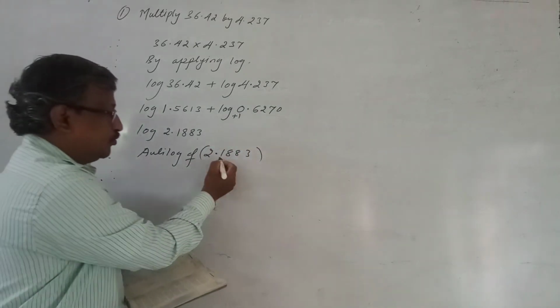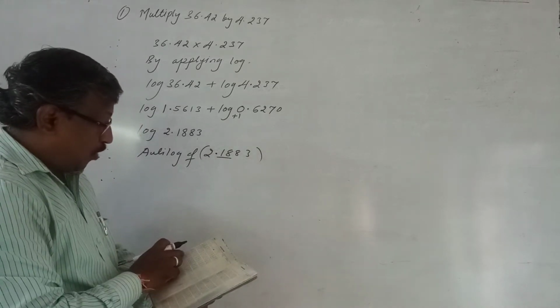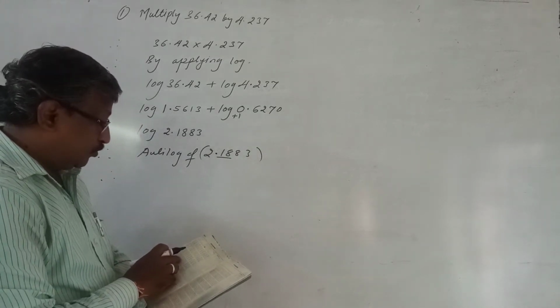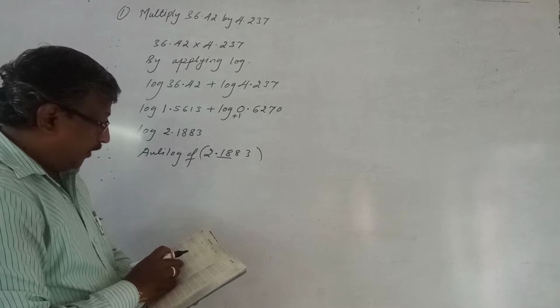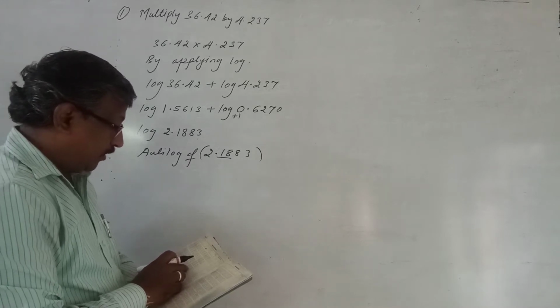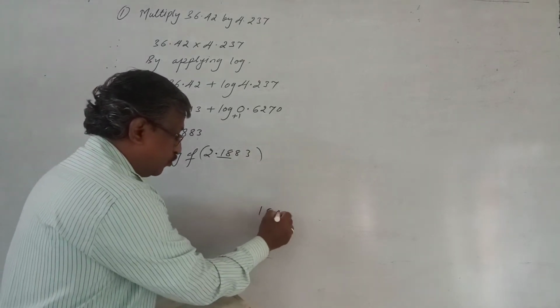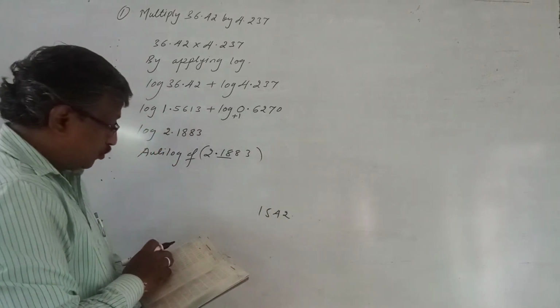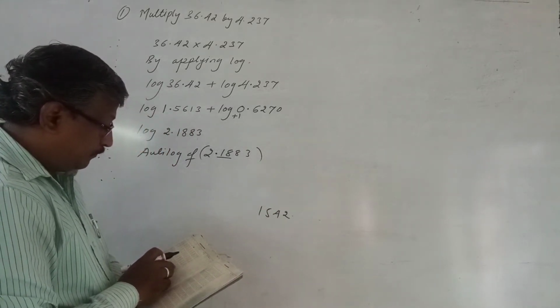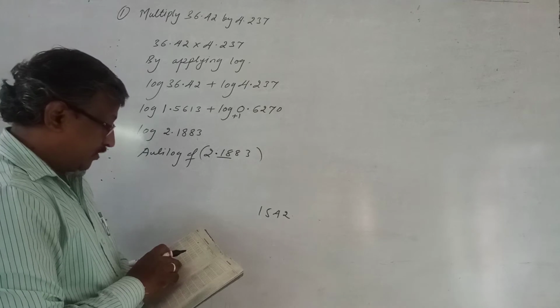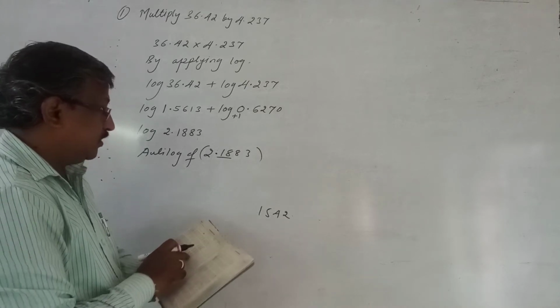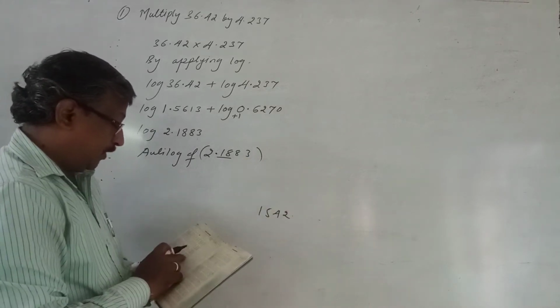So let's see the anti-log of this value. In the anti-log you see 0.18. In the same row you see the 8 column. So 0.18, 8th column, you will get 1542, right? And in the same row you see the mean difference, 3rd column.